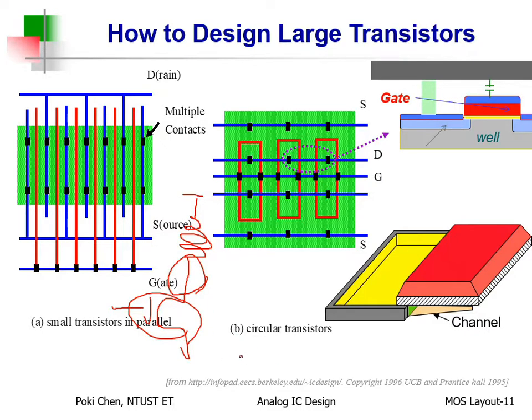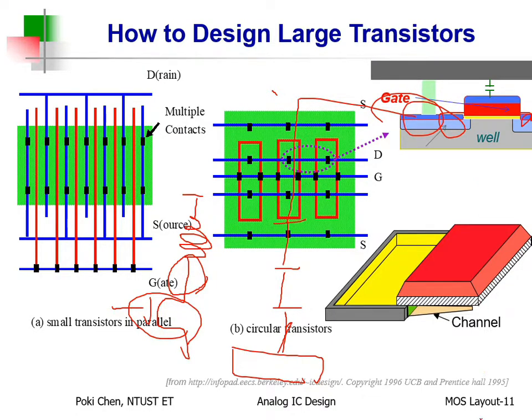So for the cross-sectional view, that is the device. You use contact, metal 1, contact the metal 2, via metal 2, via metal 3, all the way to top metal. Then connect to your inductor. Oh, it makes a lot of sense. Bingo.